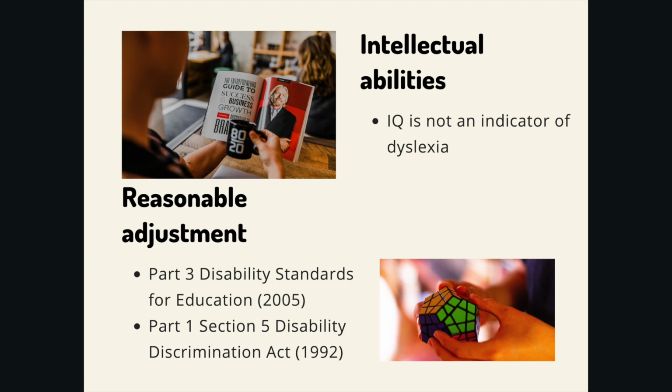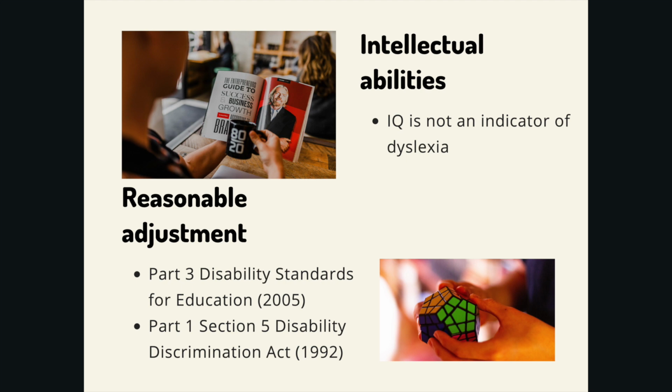Reasonable adjustment is an idea which is built into some of the important legislation in Australia, and it comes under, for instance, the Disability Standards for Education 2005 and also the Disability Discrimination Act 1992.